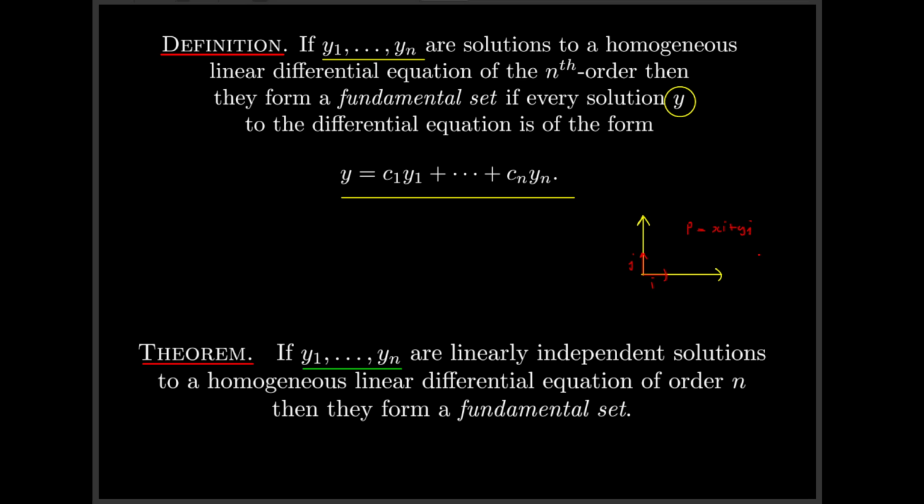Now, an obvious thing really is that if I take any two vectors which are pointing in different directions, then they'll have the same property: the point here can be formed by some linear combination of, let's say, v and u. There will be some numbers, s and t, such that p is equal to s times v plus t times u. What that is saying is that any two vectors which point in different directions will span the whole space. So a very similar thing is happening here.